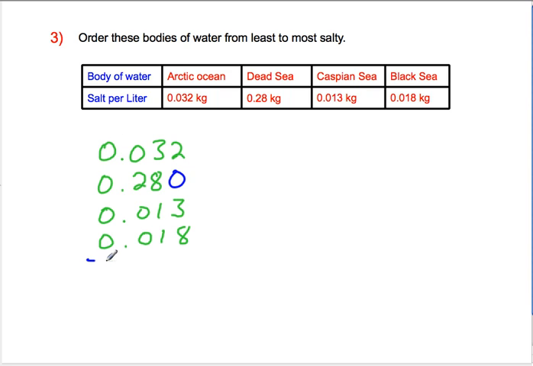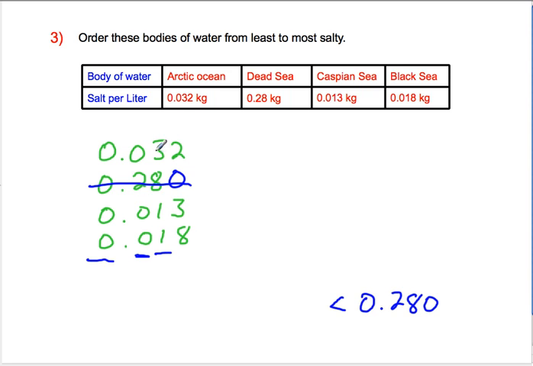So the first column tells us nothing. They're all zeros. And when we get to the second one, we have 3 zeros. So we know that 0.280 is the biggest. So I'm just going to go ahead and put this way over here because that's going to be the biggest. So we're done with that one. Now we have a 1, a 1, and a 3.